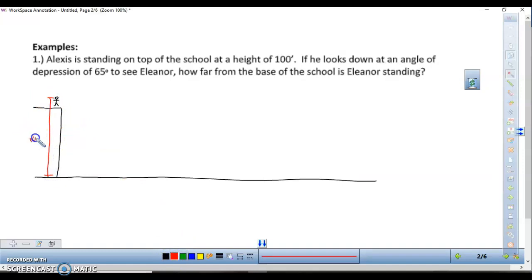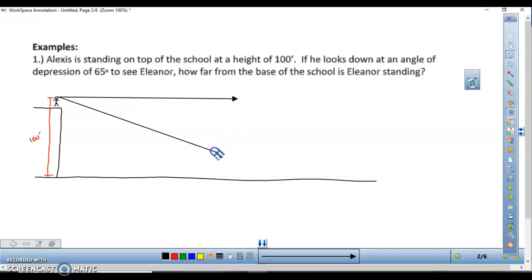He looks down at an angle of depression of 65 degrees. Now remember, Alexis's normal horizontal line of sight is here. So if he looks down at an angle of depression, it's how far he looks down from here. This will be the angle of depression, and that was 65 degrees to see Eleanor. And Eleanor is standing right here.